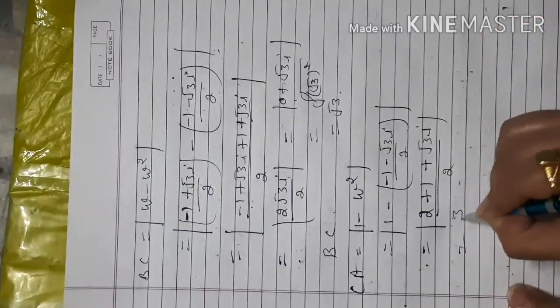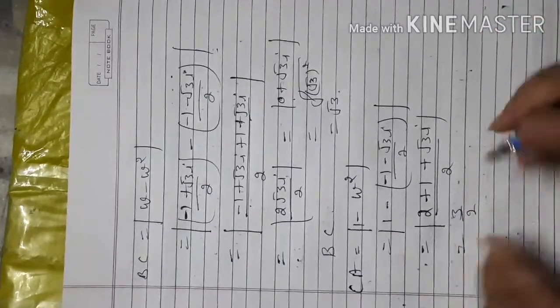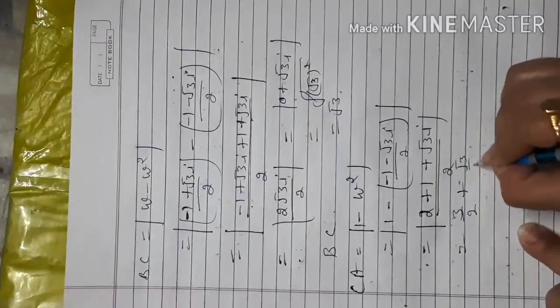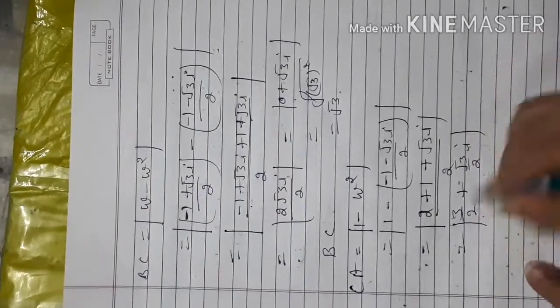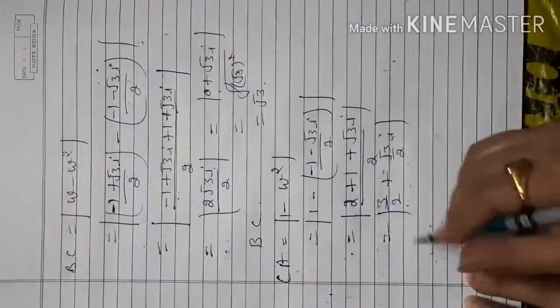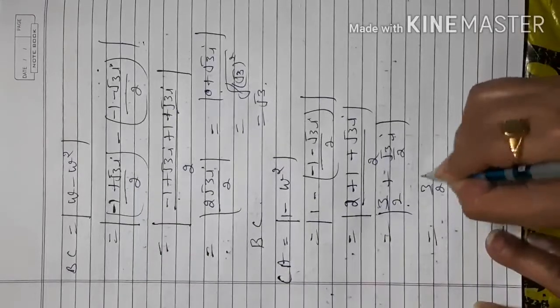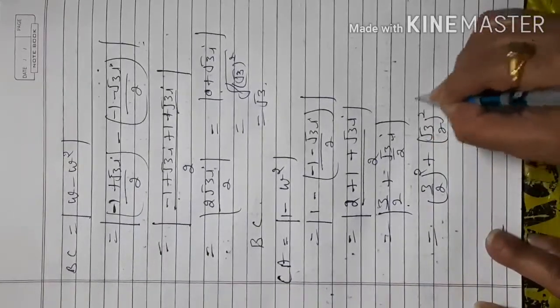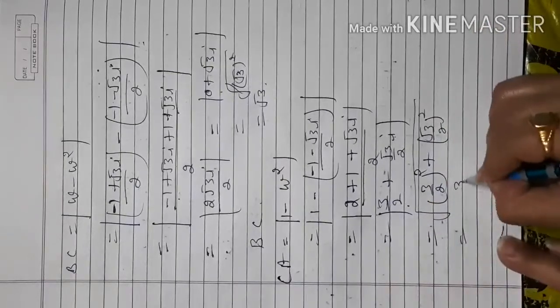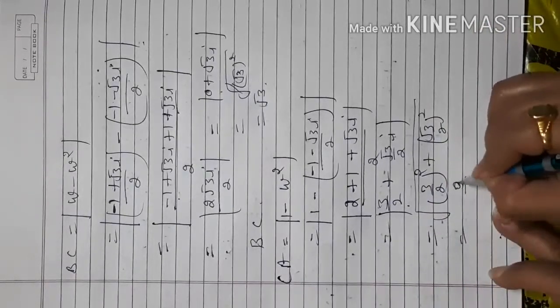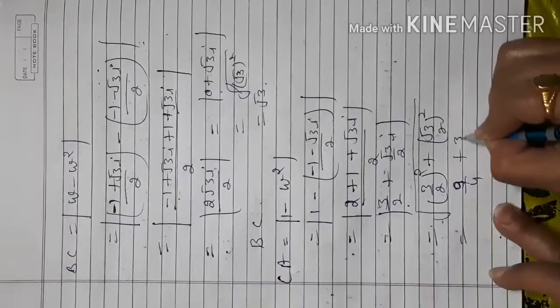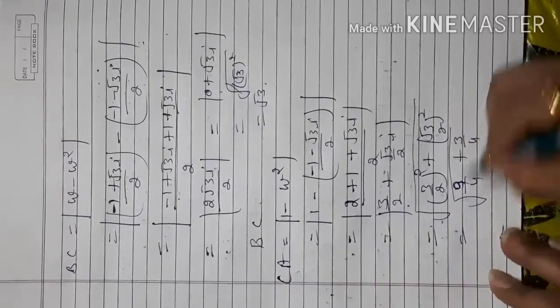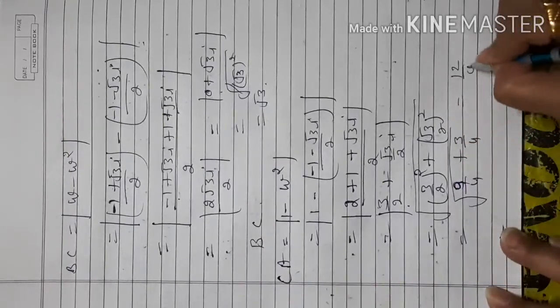That gives me 3 by 2 plus root 3 by 2 i, under the modulus. After that you go with the modulus of this: real part square plus imaginary part square, and the square root. So that is the square root of 9 by 4 plus 3 by 4. Again it will be 12 by 4 and gives me root 3.